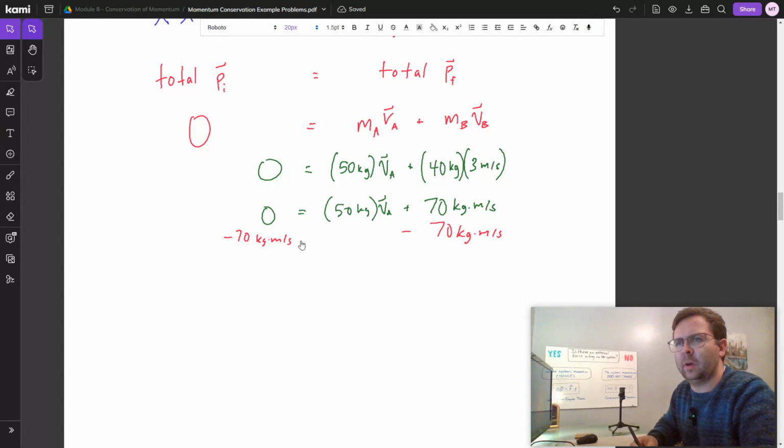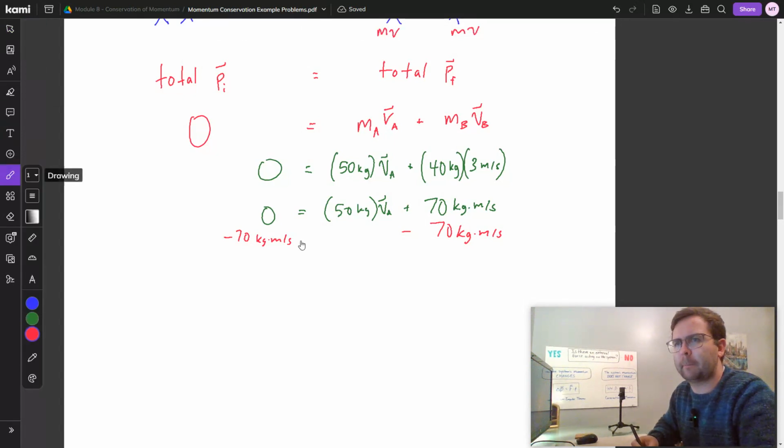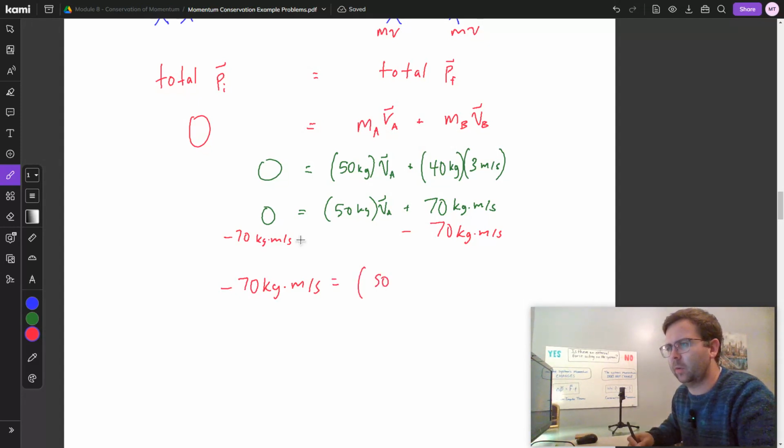Okay, and that's going to get me negative 120 on the left. And I'm going to have 50 kilograms times Alex's velocity here. So I'm going to divide both sides by 50 kilograms.